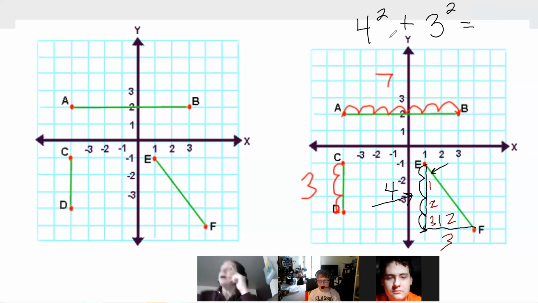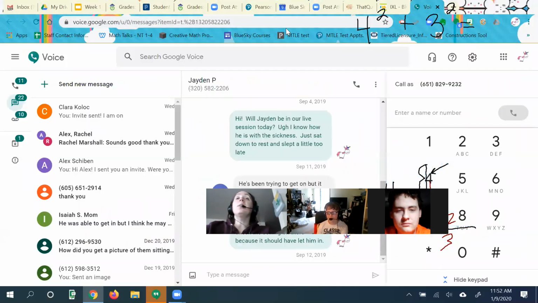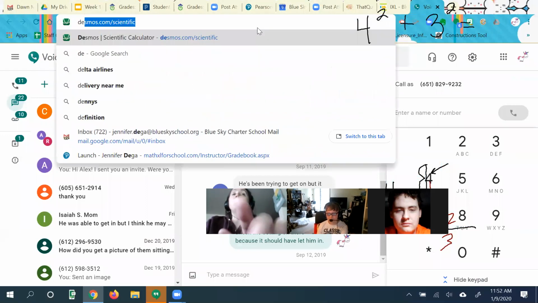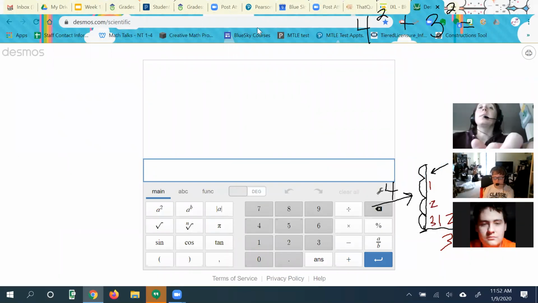And if you're like me and you're like, whoa, squishy brain today, I am tired, then you can totally go to Desmos, because Desmos really is a nice calculator to help you do that. Sometimes you're tired and you want to type it in.